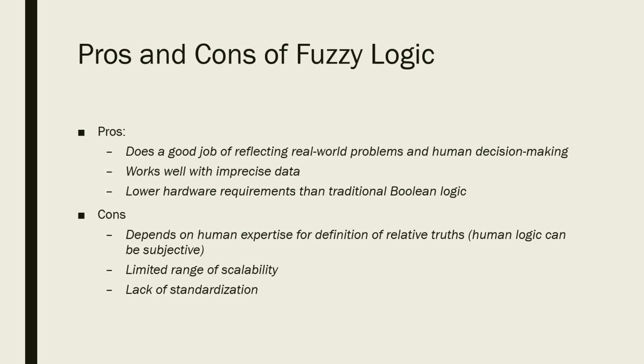As we saw in the previous example, language is subjective. So it does rely on humans to tell it what is what. It also has a limited range of scalability and a lack of standardization, unlike traditional probability or probabilistic models, which are very standardized.